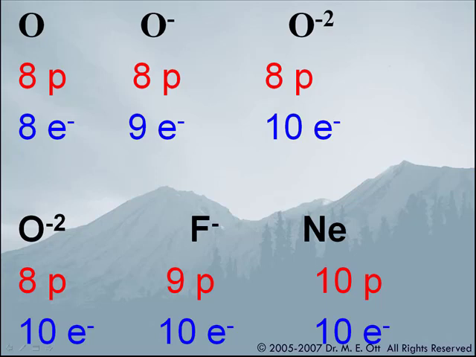So the number of kids is the same, but the number of parents is different. Knowing that neon has more parents than oxygen, and they're keeping track of the same number of kids, who's keeping track of their kids tighter? That would be the neon. So the neon is the smallest of these three species.